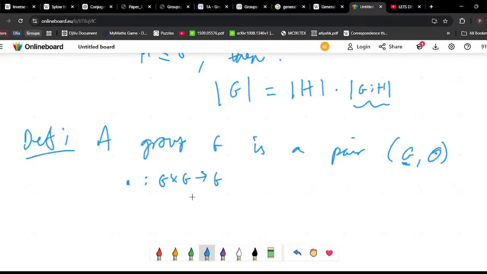This is just a binary operation. Notably it's closed, right? So what do we need from this binary operation? Well, we need that there exists some E, an identity element, such that for all g in G, we have that Eg is equal to g.